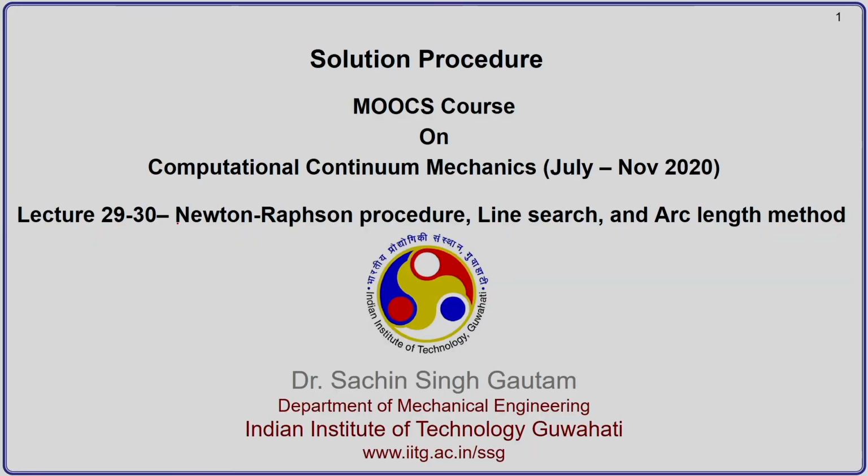In particular, we will discuss the Newton-Raphson solution algorithm, and we will also discuss two strategies, line search and arc length method, which are used to handle divergence of the Newton-Raphson method or special situations where it may fail.